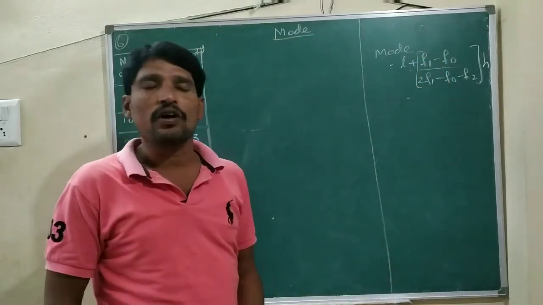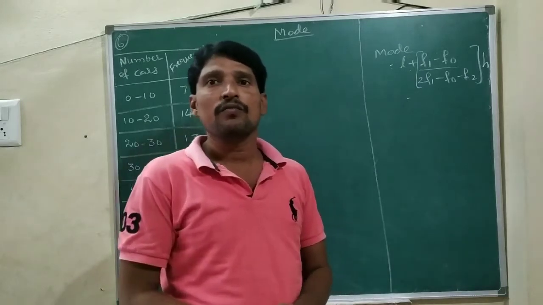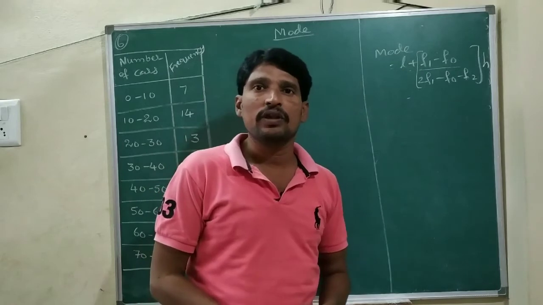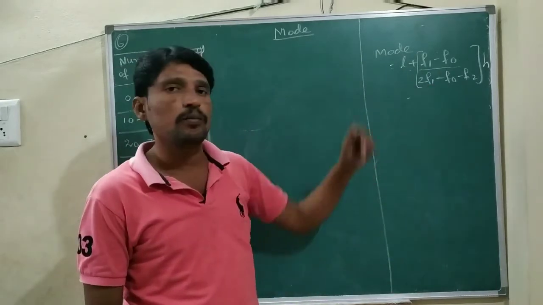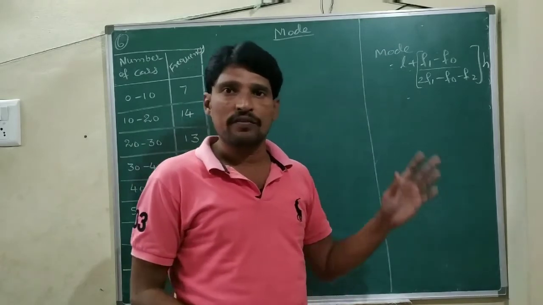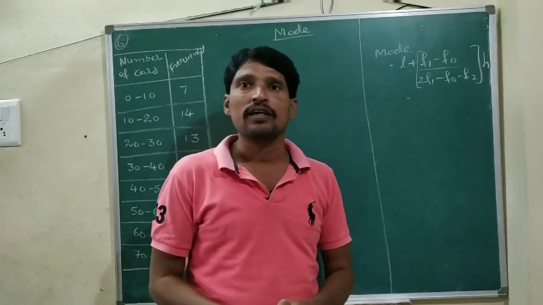Here L is the lower boundary, F1 is the frequency of the modal class, F0 is the frequency of the class preceding the modal class, F2 is the frequency of the class succeeding the modal class, and H is the height of the class.